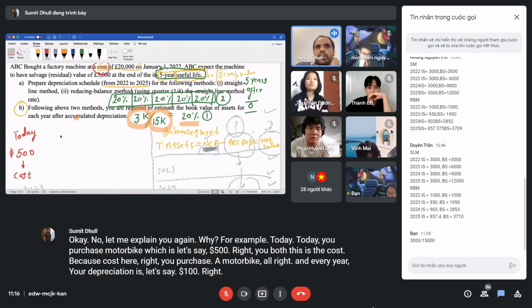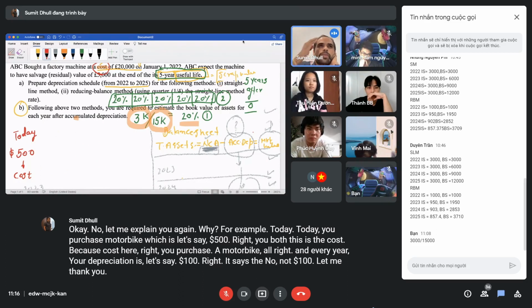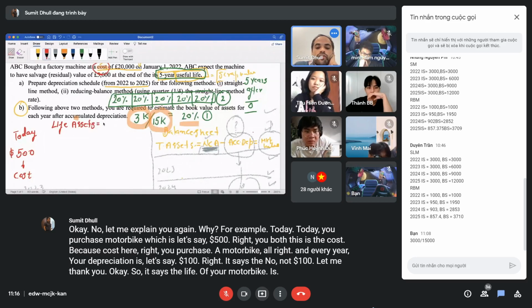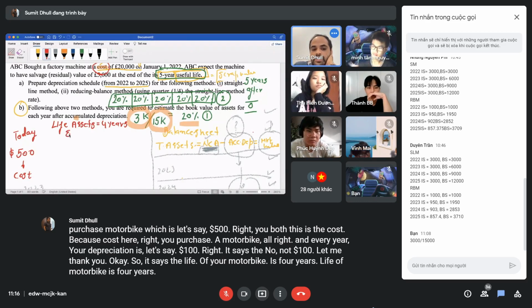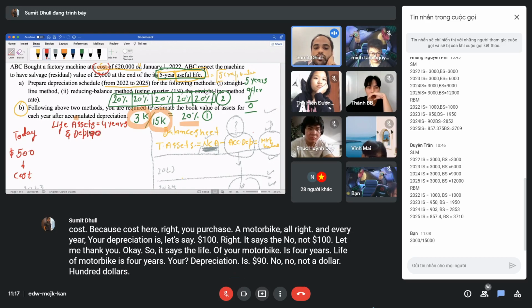And it says the life of your motorbike is 4 years, and your depreciation is $100. All right.